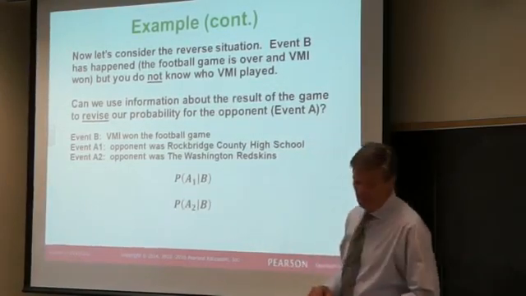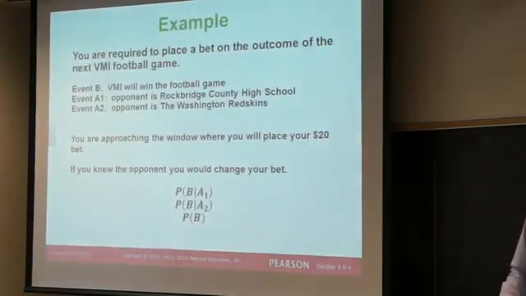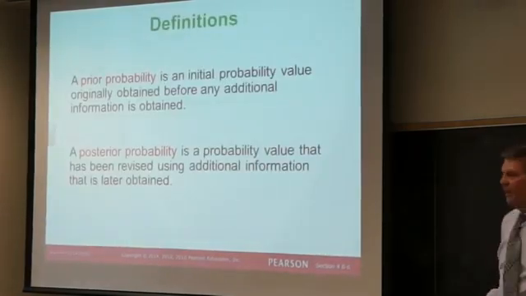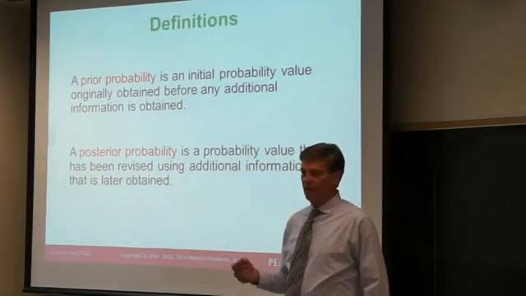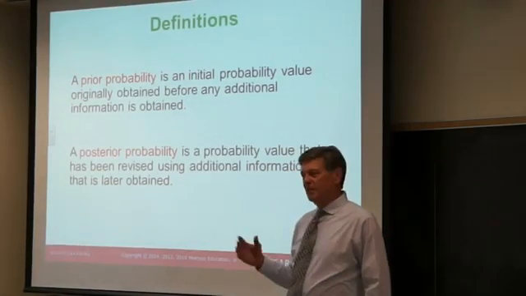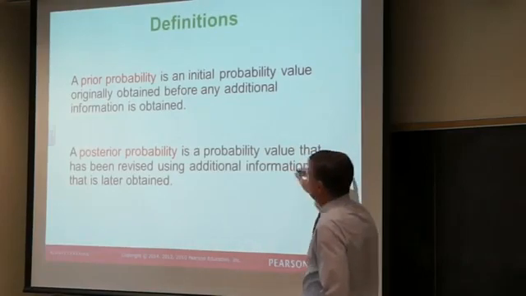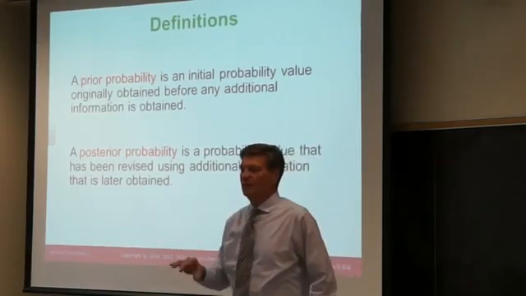And so in Bayesian, what we're often doing is updating a prior probability with a posterior probability. All right, it's kind of fancy language, but it makes sense. Prior probability is what I know as of now.